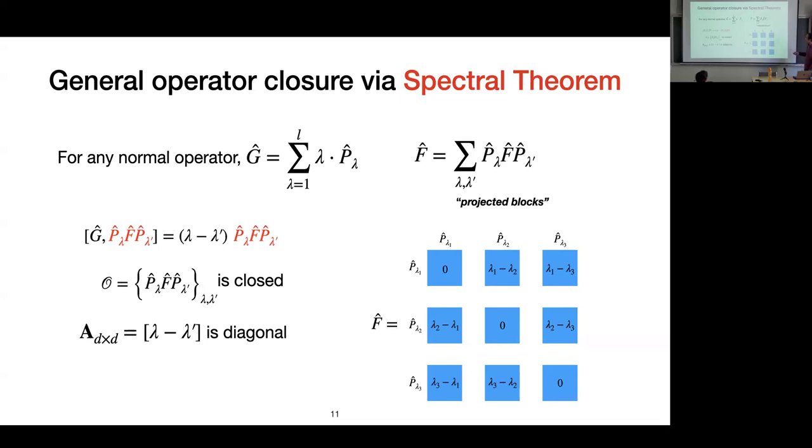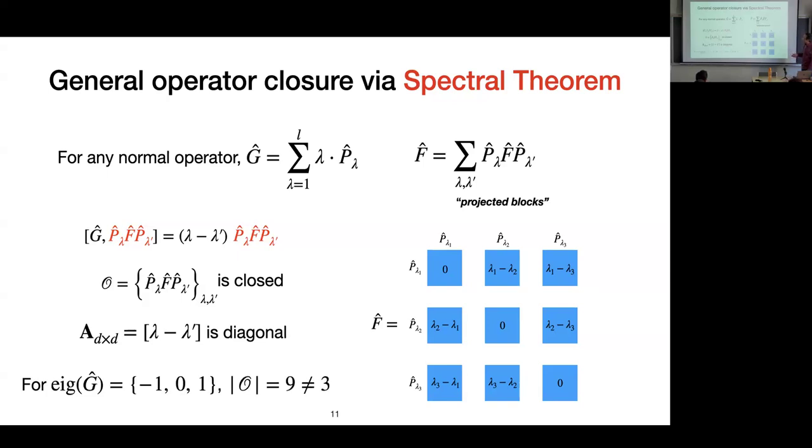Each of these blocks is a block representation of the operator being transformed. So the adjoint representation over this space of projected blocks is now just a diagonal matrix with entries given by these eigenvalue differences.